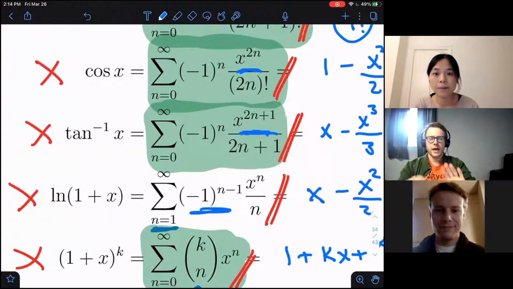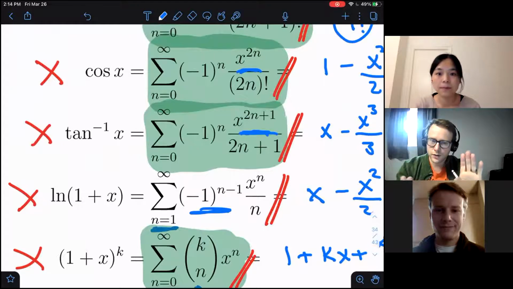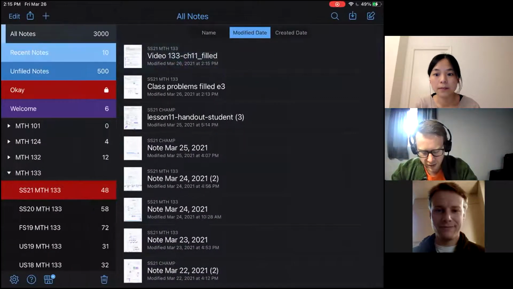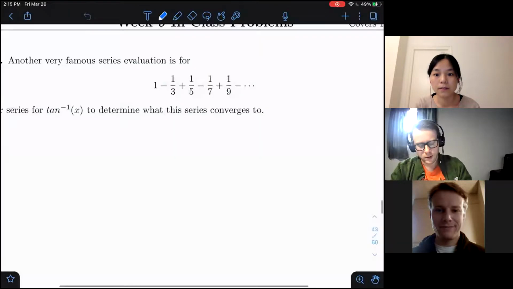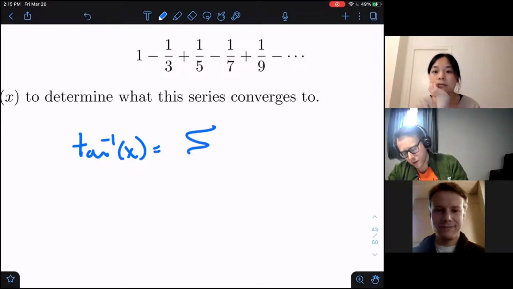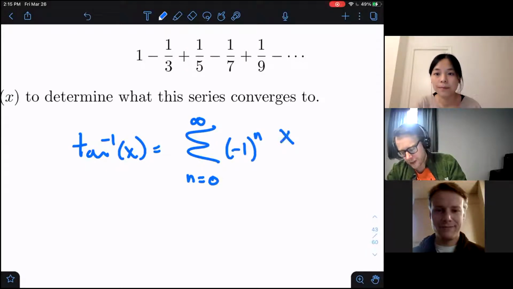So, okay, notice that they're just odd powers. You're dividing by 2n plus 1, and you have this alternating piece. So let's go ahead and use that. Tangent inverse of x is going to be equal to summing up from n equals 0 to infinity, this alternating piece, and we have x raised to odd powers divided by odd numbers.